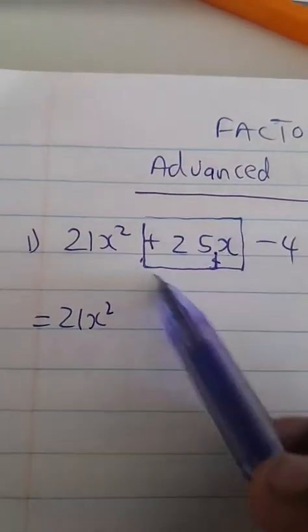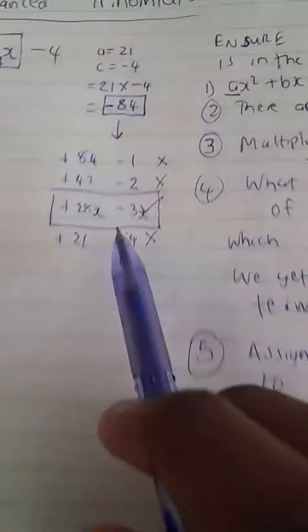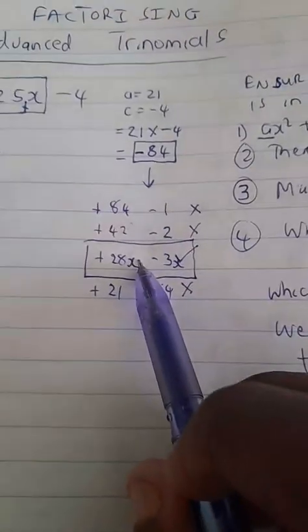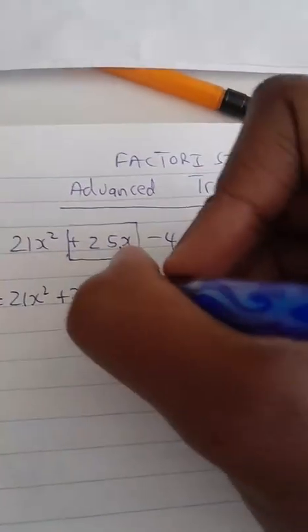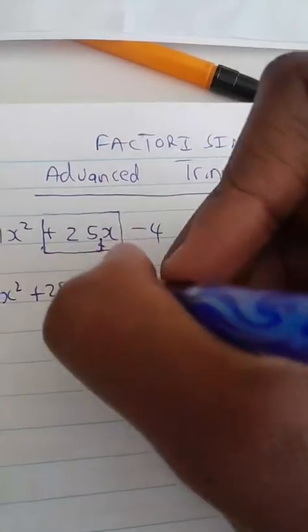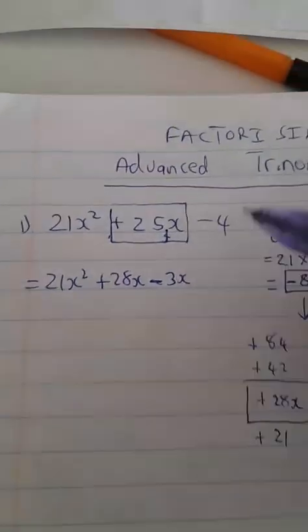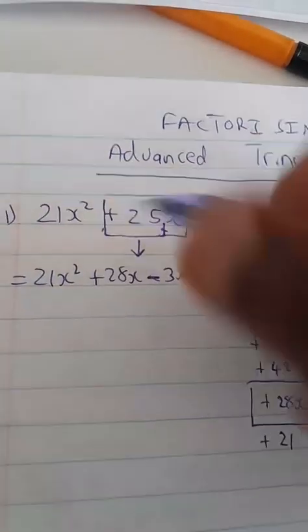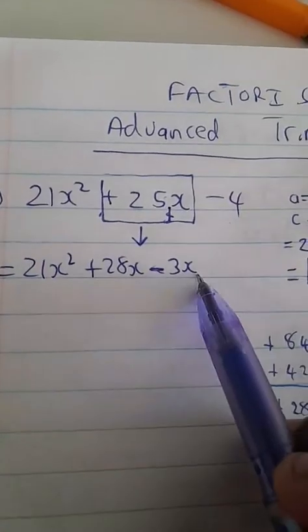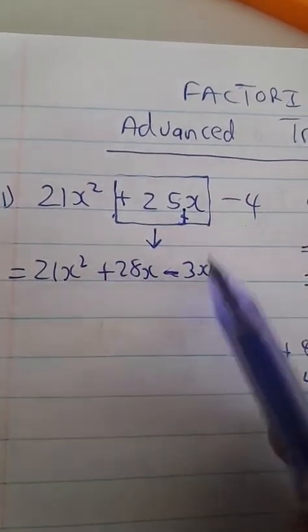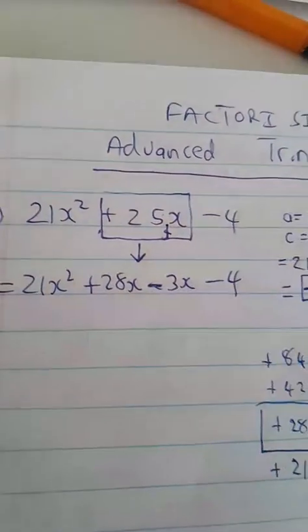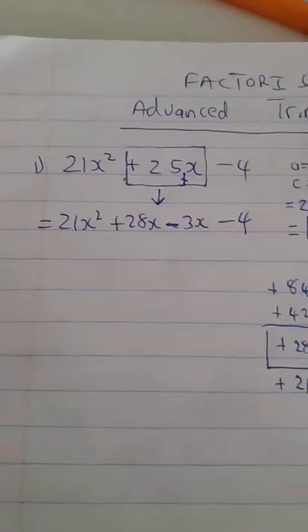In the place of 25x, we are going to replace it with plus 28x minus 3x, followed by that constant. What did I just do here? I replaced 25x with 28x minus 3x. Isn't 28x minus 3x equal to 25x? Yes, it is. Followed by the constant term, negative 4.